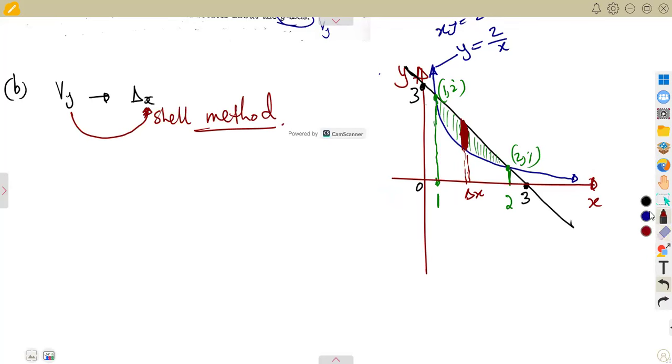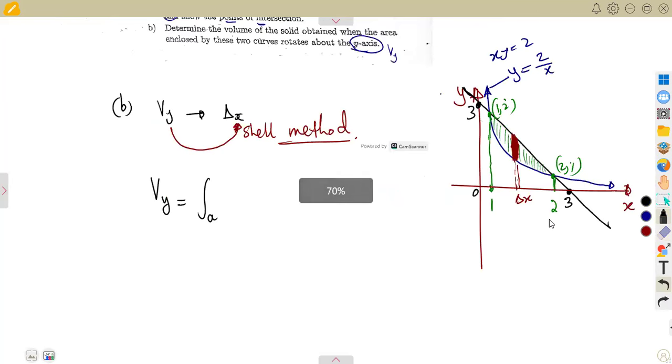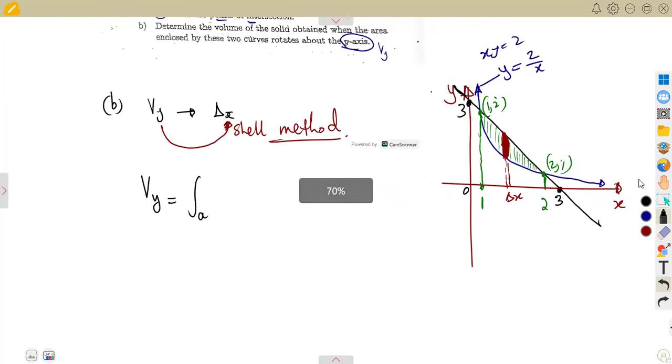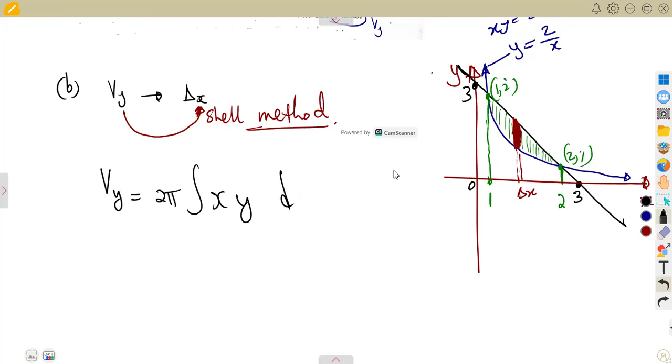Using the shell method to calculate Vy, that formula is not going to change. The formula that will be given is 2 pi y, the integral of xy. That is what they are going to give you.